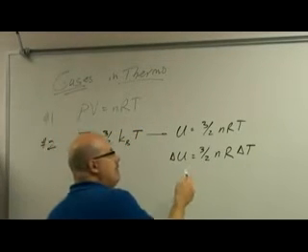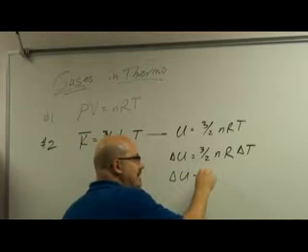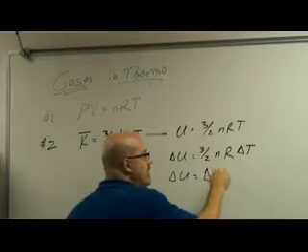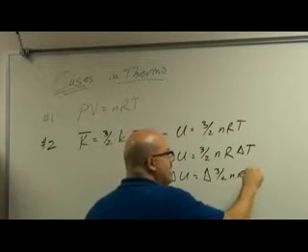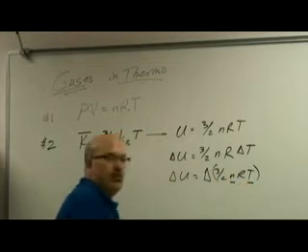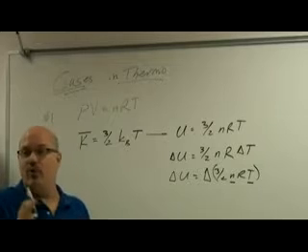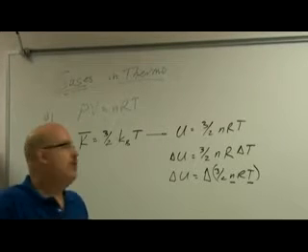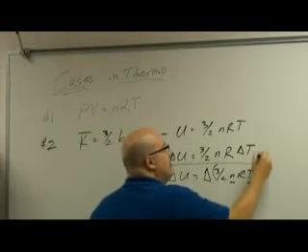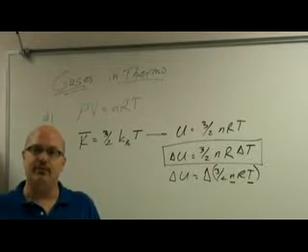If you want to be most precise, it's delta U equals delta of 3/2 nRT. But the only two that can change would be the number of moles and the temperature, and in most cases, it's the temperature changing and not the number of moles of gas. So this is an assumption that only the temperature will be changing, but that's usually a pretty good assumption.